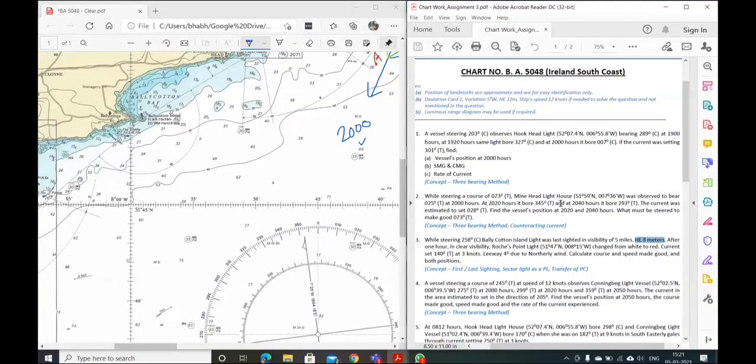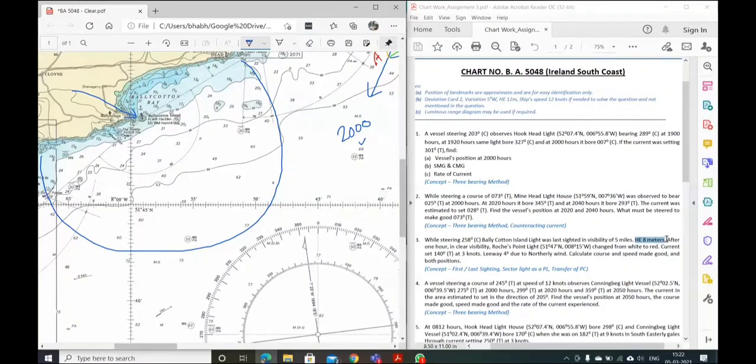So out of those, whichever is smaller will be the range of the Ballycotton Island light. So once you get the range, you have a position circle. So we can get a position circle from this first line, and then you can keep your compass on the Ballycotton Island light and draw a circle. So let's assume that this is our position circle. This is the Ballycotton Island light.